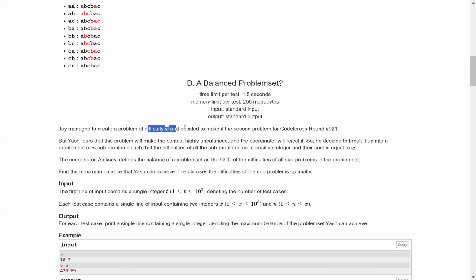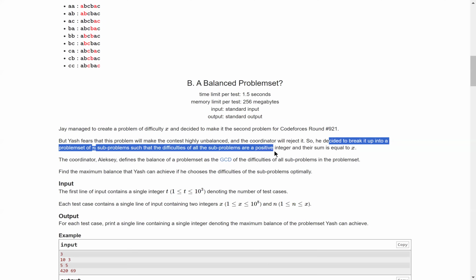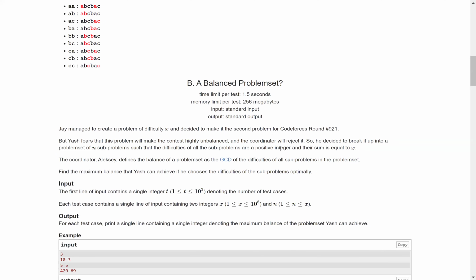He managed to create a problem of difficulty X, but it might be too difficult. So he decided to break it up into n subproblems, with the difficulty of each subproblem being some positive integer, and the sum is equal to X.